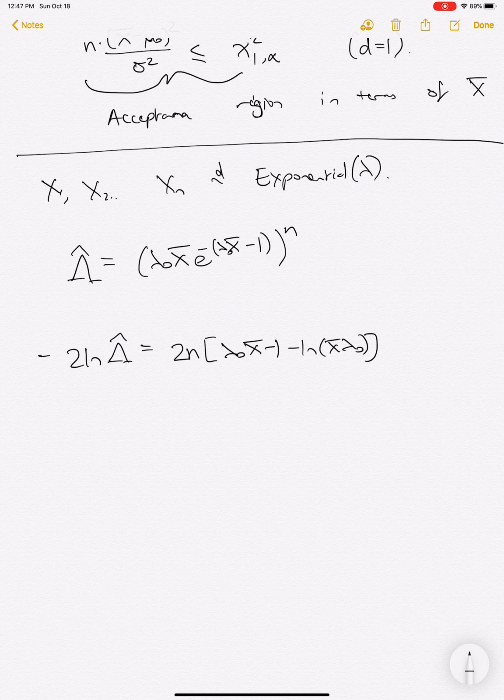And we claim that negative 2 ln gamma hat converges in distribution to chi-squared 1.